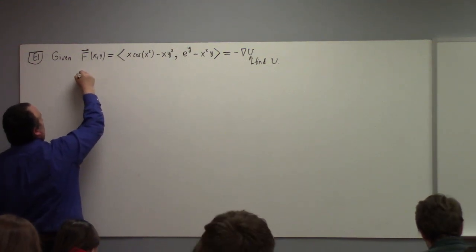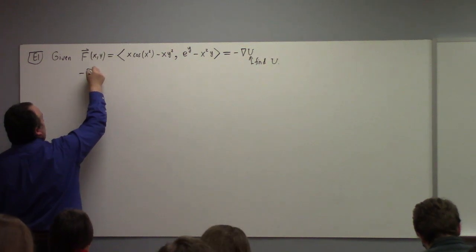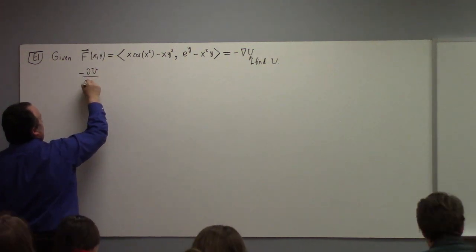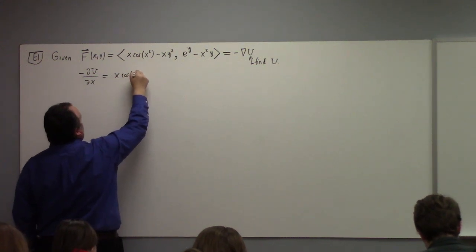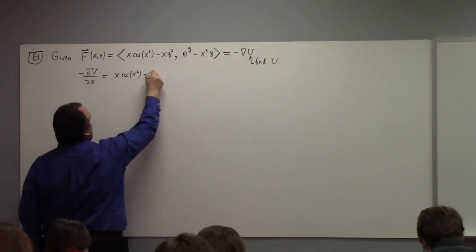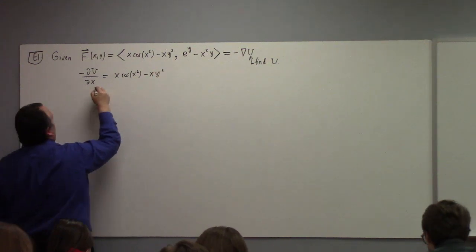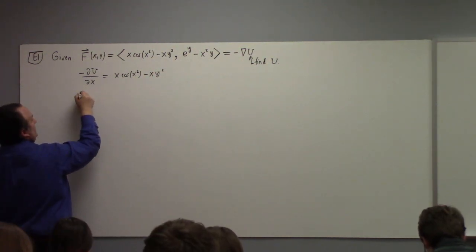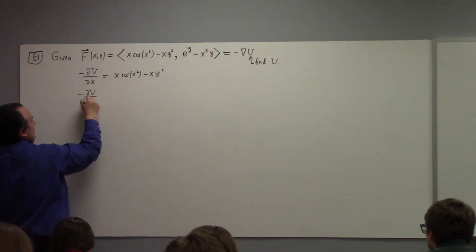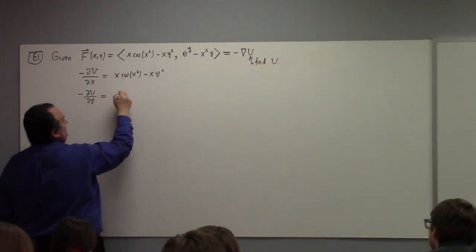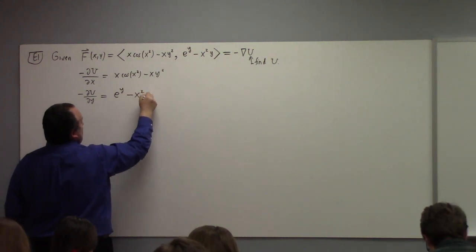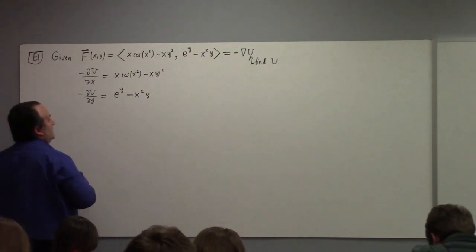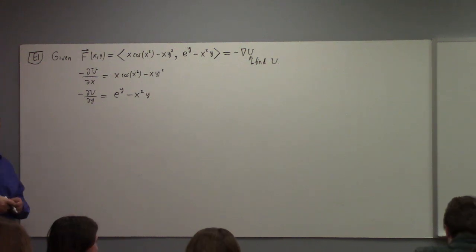On the one hand, we need minus partial U partial x equals x cosine of x squared minus xy squared. But we also need to solve minus partial U partial y equals e to the y minus x squared y. All right? So these are the two equations we need to solve.